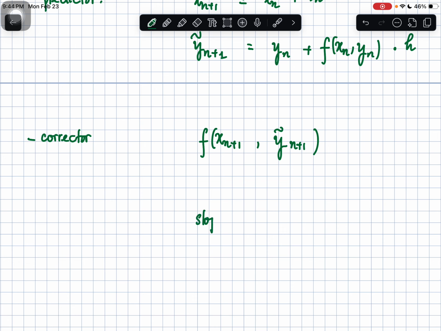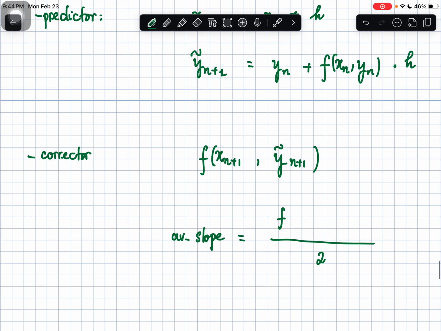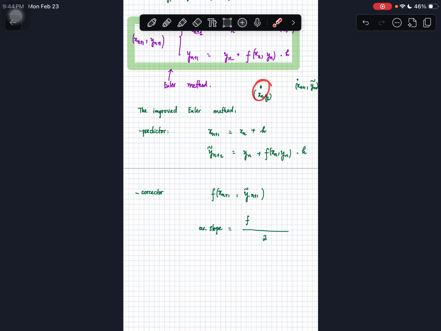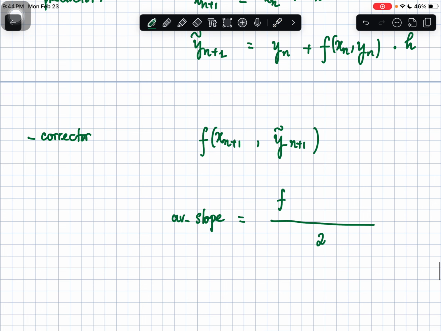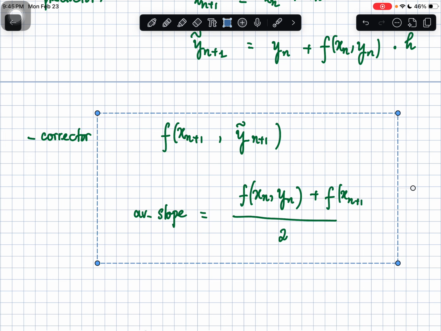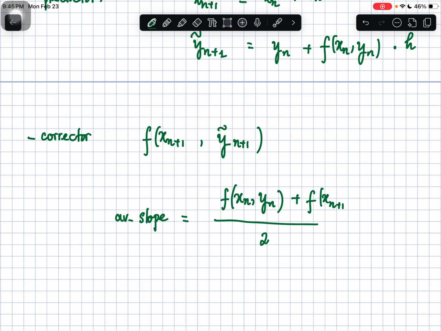The average of the slope is the one on the initial point plus the one on the end, divided by 2: f(xn, yn) plus f(x(n+1), y tilde (n+1)), divided by 2. So this is the average.